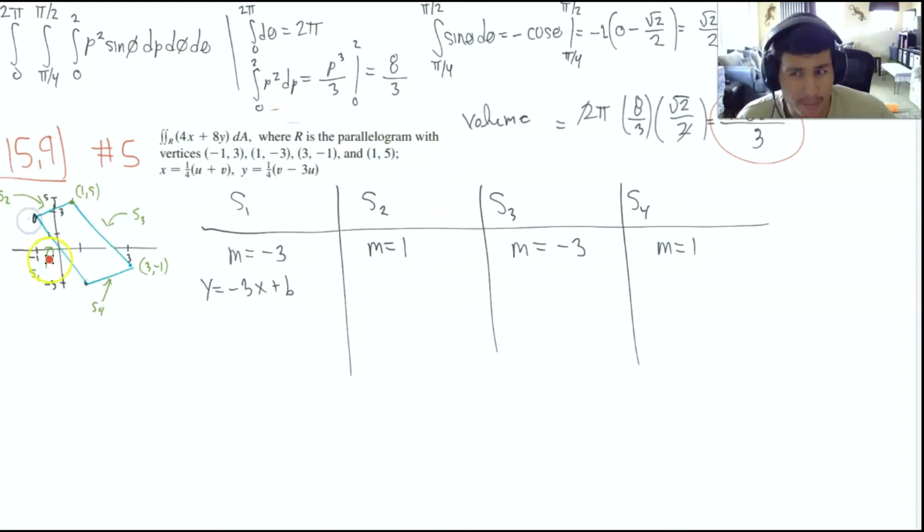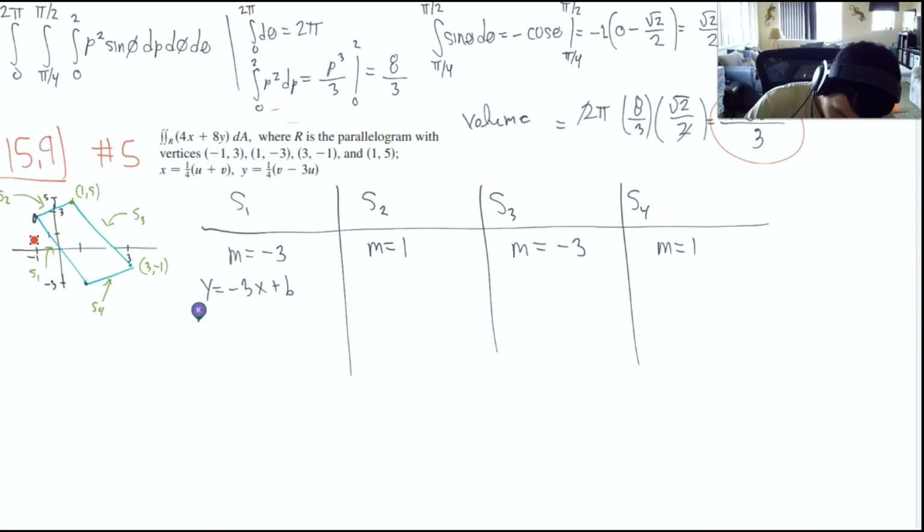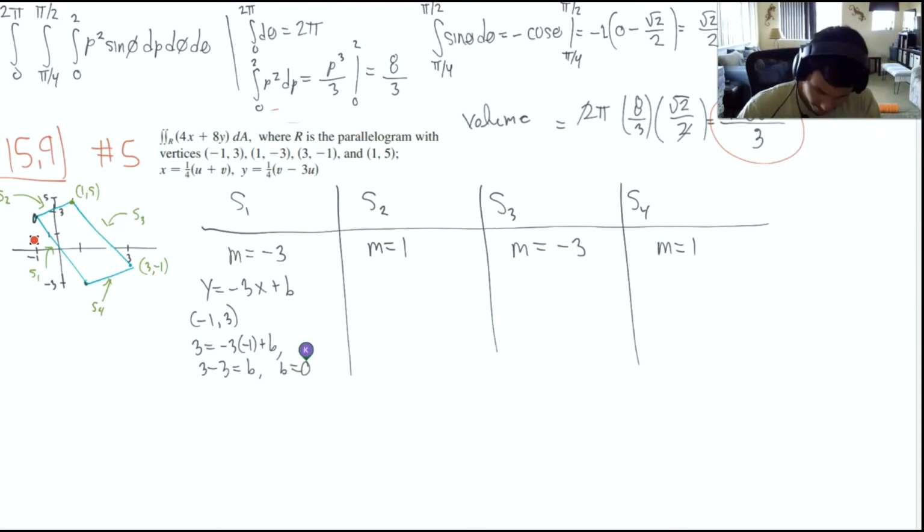Why don't we pick where S1 and S2 meet? Why not? And that point is -1, 3. So if we plug that in to find b, we'll get 3 is equal to -3 times -1 plus b. And then 3 minus 3 is equal to b. Wait, yeah, that's positive 3. It's 3. b is equal to 0.